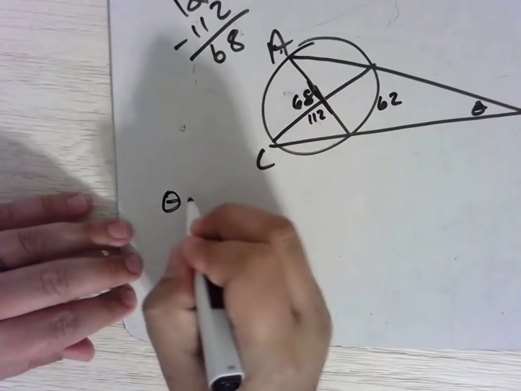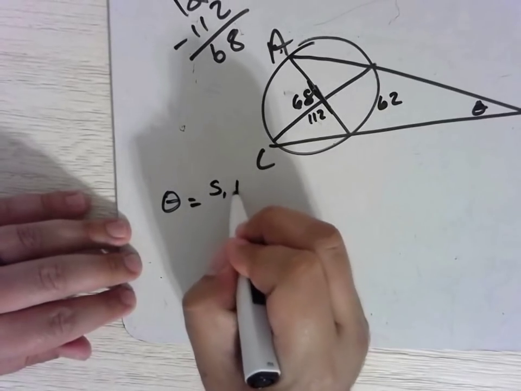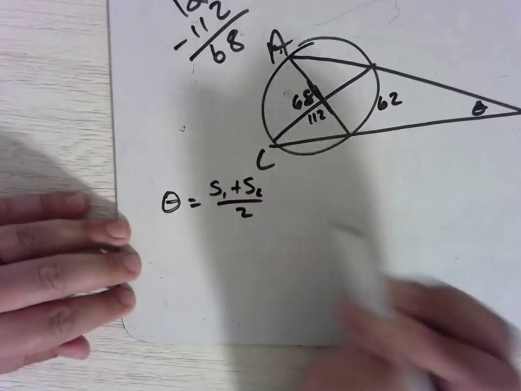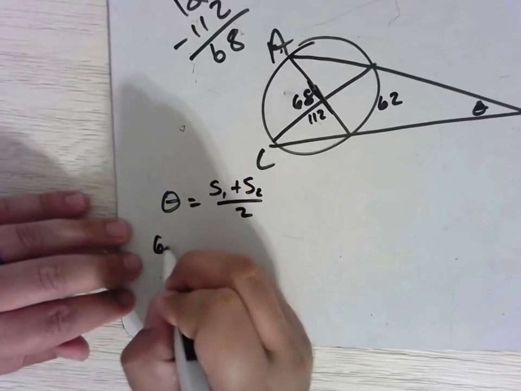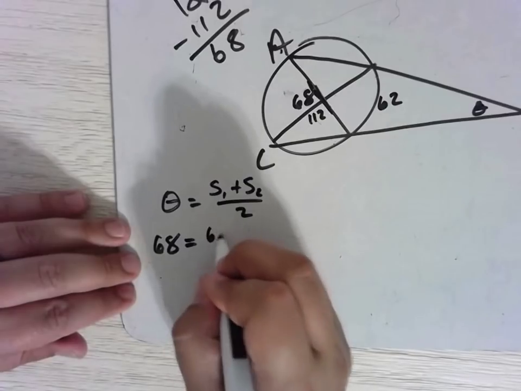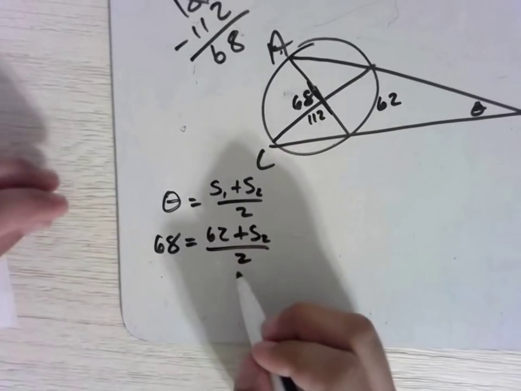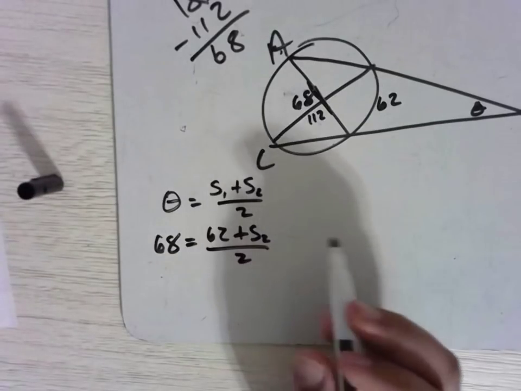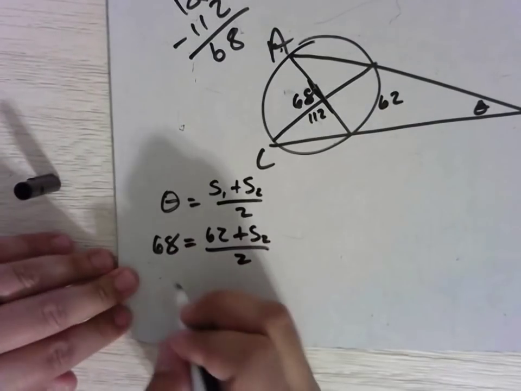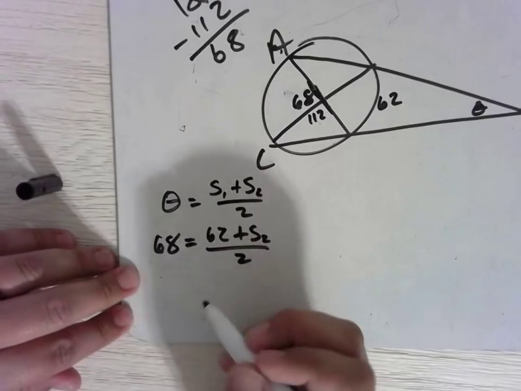The inside angle is equal to arc 1 plus arc 2 divided by 2. So I know my theta, 68, is equal to, I'll say arc 1 is 62 plus arc 2, divided by 2.